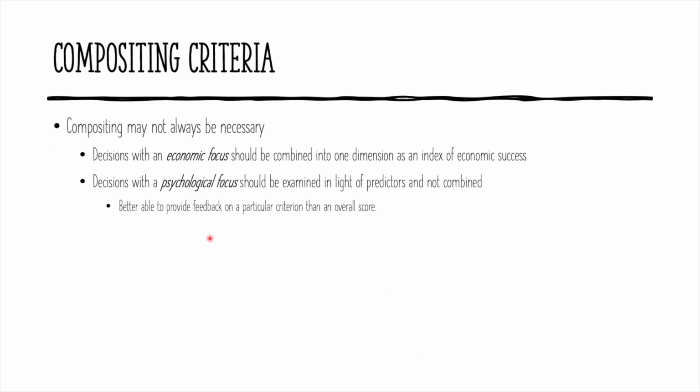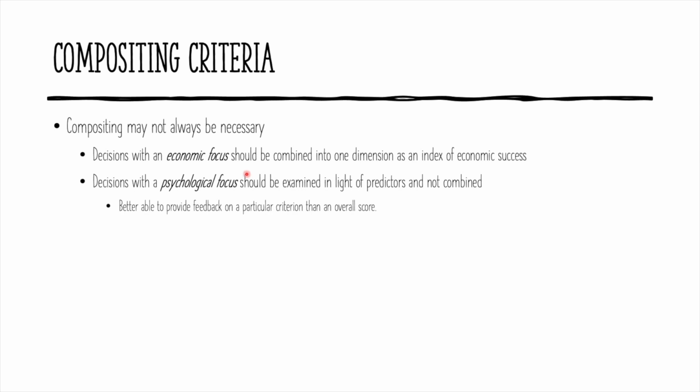It's important to note that compositing these criteria may not always be necessary. If you're making a decision for economic reasons, then you probably need to combine into one dimension as an index of economic success. But generally, the stuff that I'm interested in, the stuff that IOs work on, are decisions with a psychological focus.